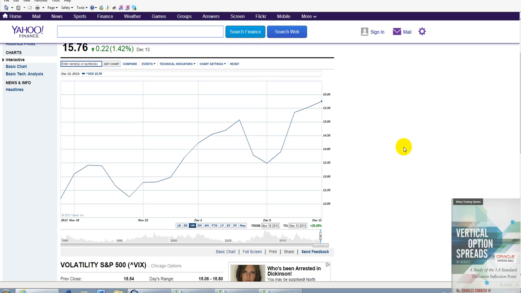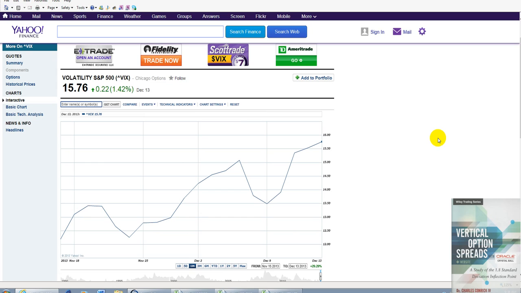The reason for that was fear of tapering here in late December of 2013 by the Fed. The Fed has been doing the quantitative easing program at a rate of $85 billion a month, and now the market's a little afraid that it may taper soon due to good economic indicators. So the volatility has risen to 15 and 3/4.